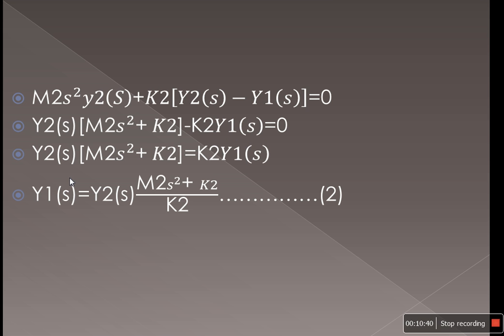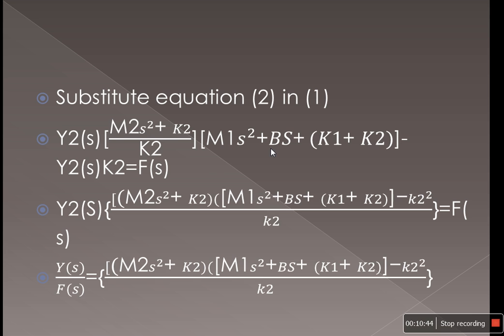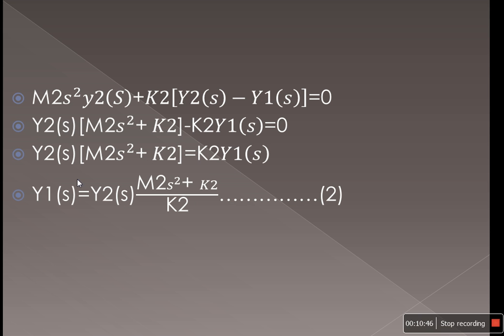From this equation, shall I write what y1 of s is? y1 of s is nothing but y2 of s multiplied by m2 s square plus k2, divided by k2. Let us take this as equation 2.